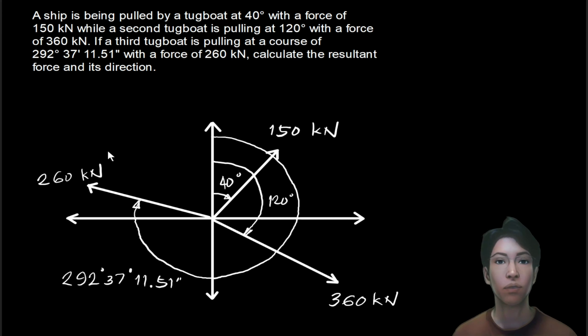True north is the direction from the north, clockwise. That's why here we have 40 degrees for the first tugboat, 120 degrees for the second tugboat, and this one for the third tugboat.